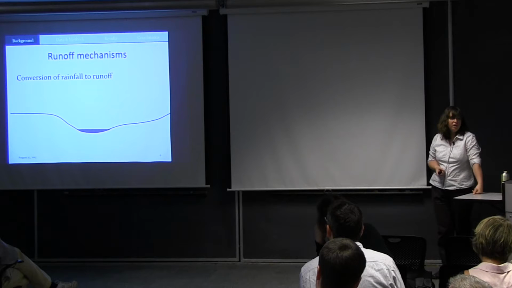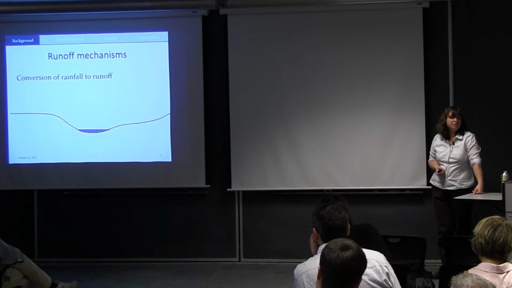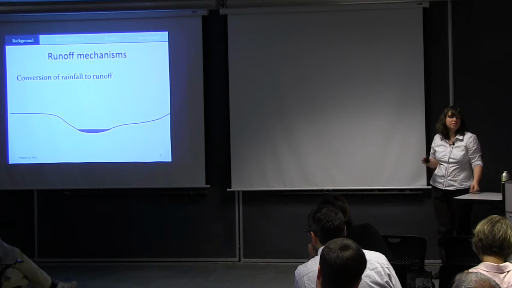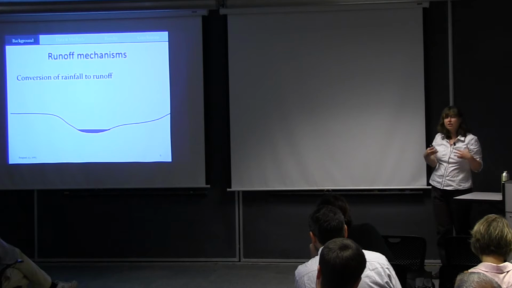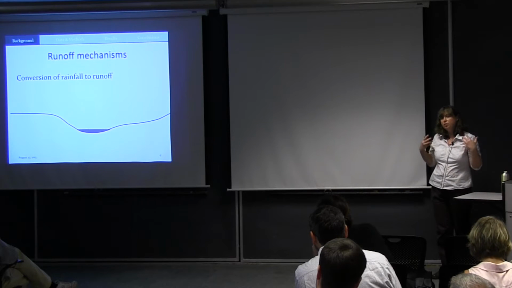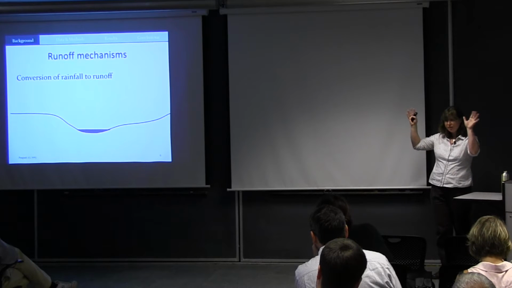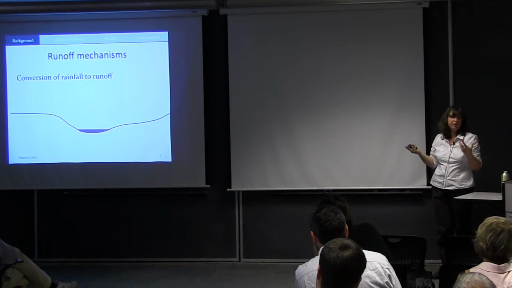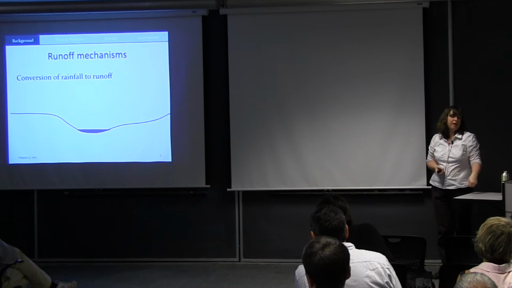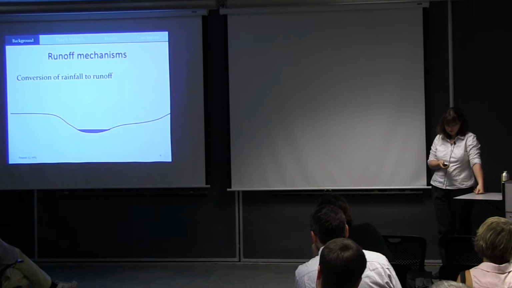So the two runoff mechanisms that I'm going to talk about are how hydrologists understand the conversion of rainfall to runoff. We produce in the atmosphere some amount of precipitation, and then one of two things happens.